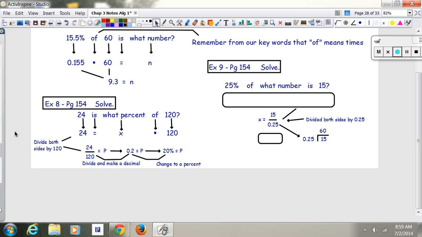This time you need to divide by 120 on both sides. So 24 over 120 became 0.2, which is 20%. Because it says what percent, your answer is 0.2, but you want to change it to a percent, which is 20%. You move it over 2 places.